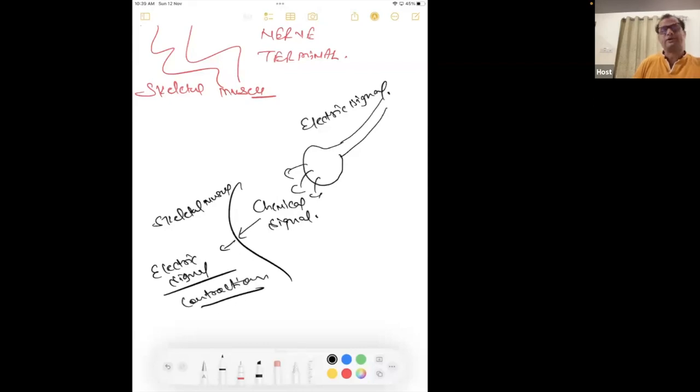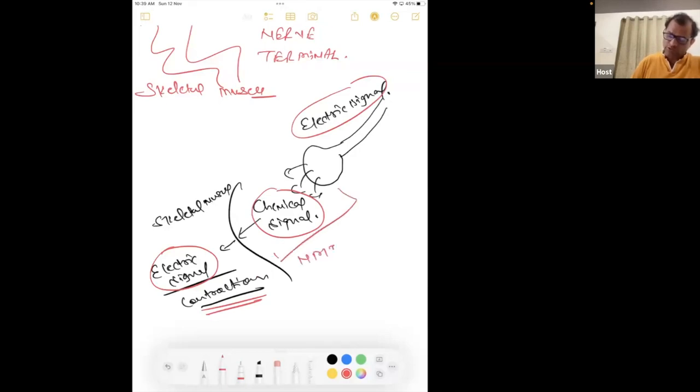And muscle movement is happening. So we can see how the message passes first through the electric signal, then the chemical signal, then again in the muscle it changes into an electric signal, and the contraction of the muscle happens. All these events happen in the neuromuscular junction. We have to have a very good idea about this, because only then will we be able to understand neuromuscular diseases like myasthenia gravis and many other diseases, right?